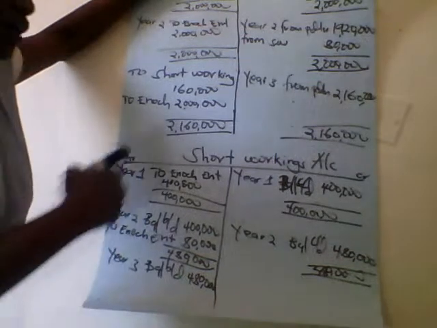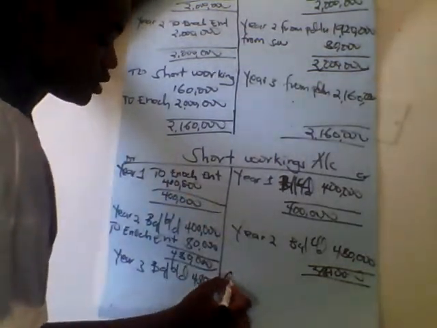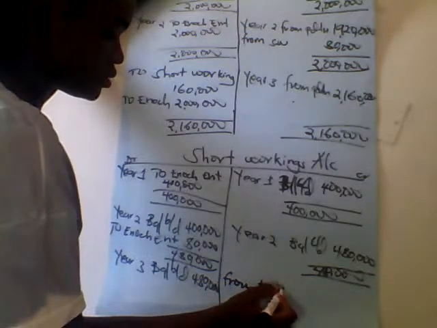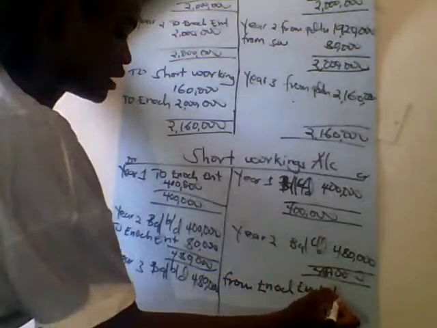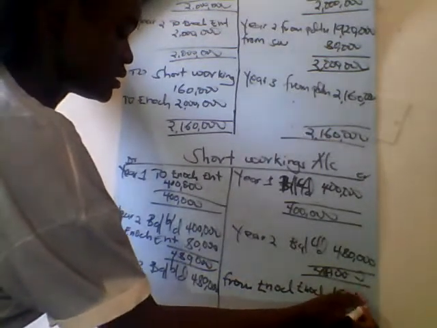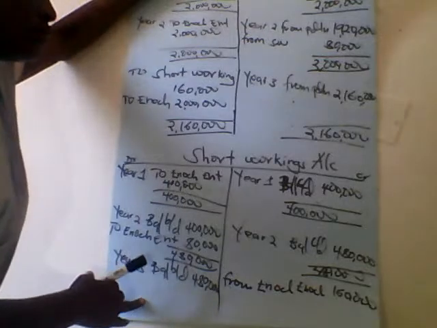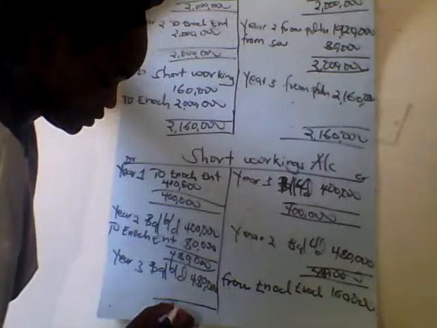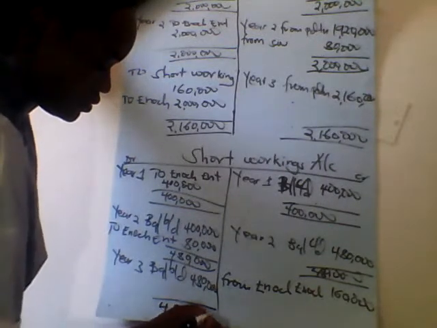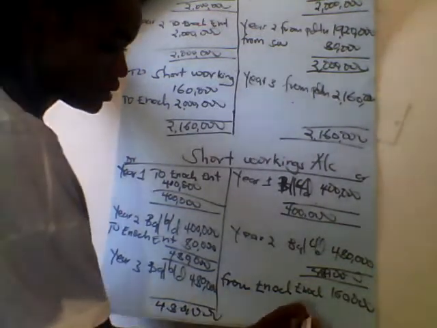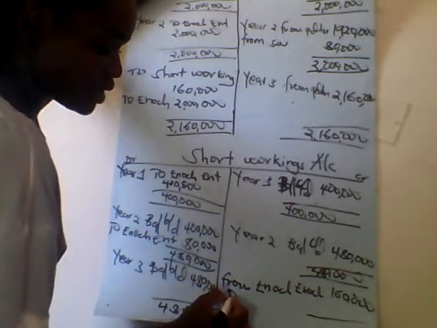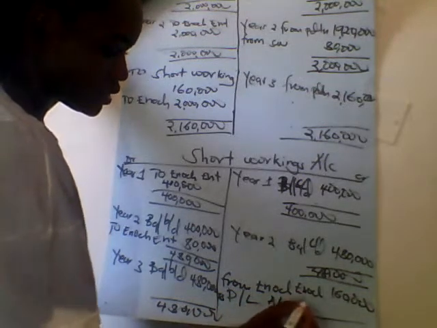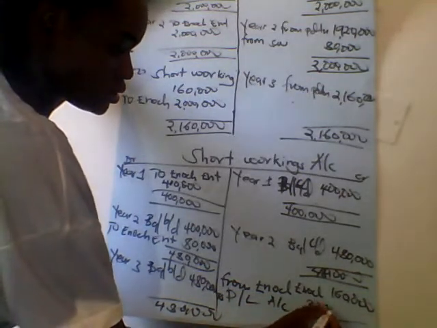Then this time we recovered from Enoch. So you write from Enoch, we recovered 160. So this side is 480. And this side, the rest was unrecovered. So you write to profit or loss account, which is the 320.